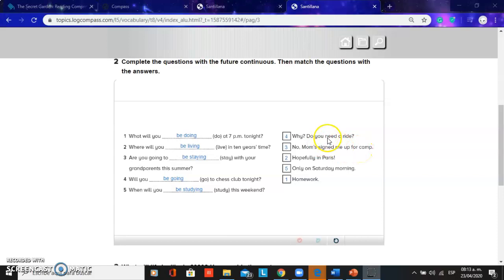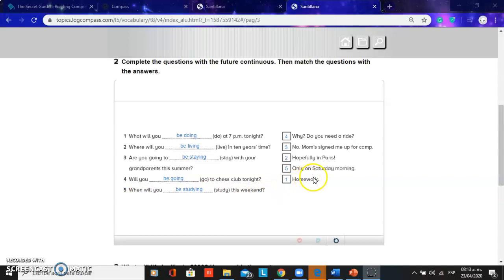Okay, so here the clue is that you need to be focused on that question to match with the correct answer. And if you notice, you need to identify that the question with the answer makes sense. And for the last one, when will you be studying this weekend?